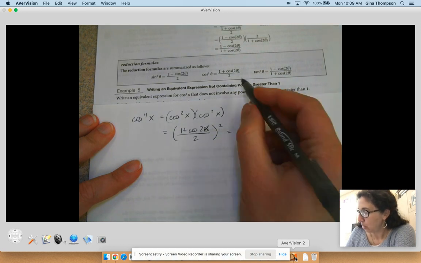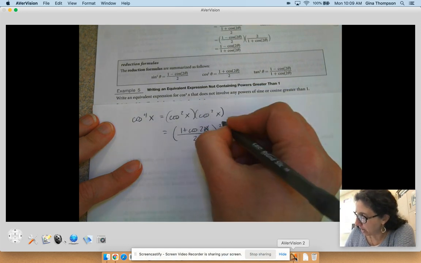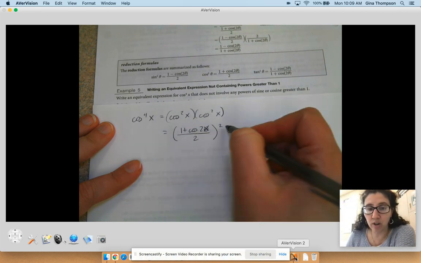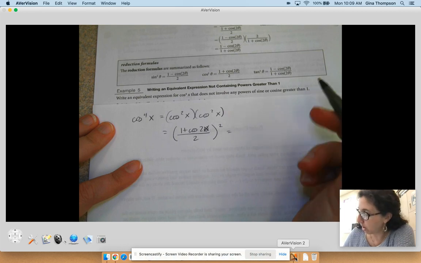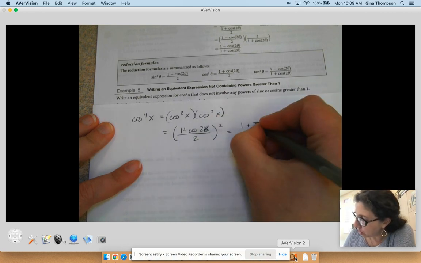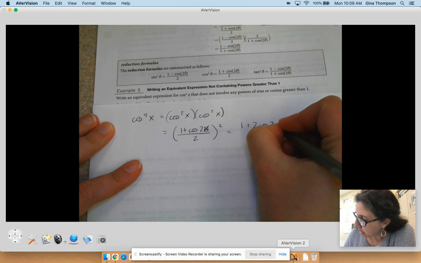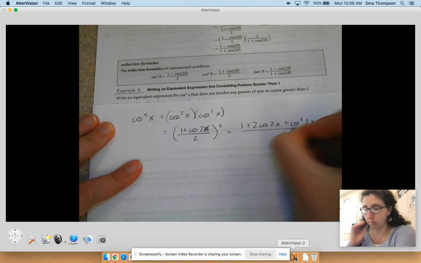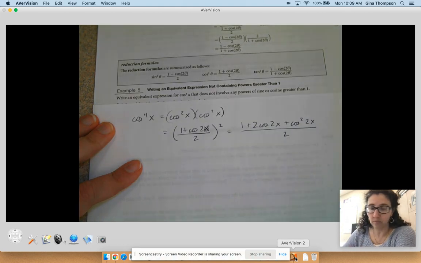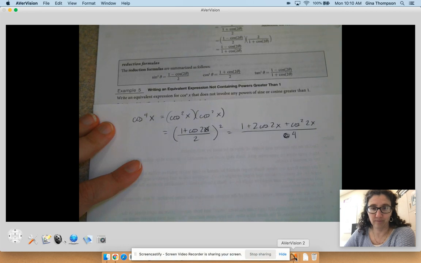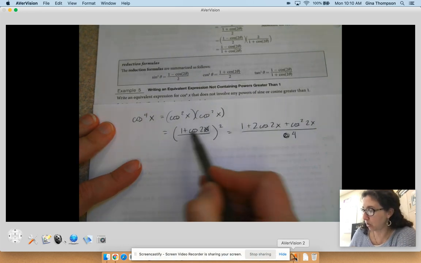However, I really want no powers of cosine greater than 1, so I'm not quite done. If I multiply this out, I get 1 plus 2 cosine of 2x plus cosine squared of 2x, all divided by 4. I just multiplied this numerator out.